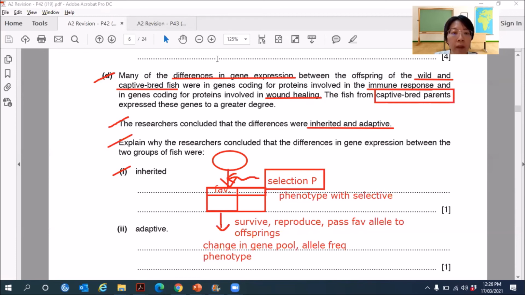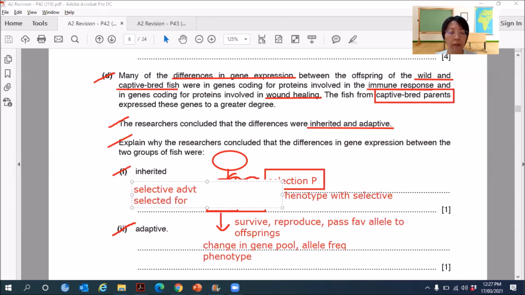How does it occur? Now, the next question is they ask you, okay, so explain why the researcher concluded that the differences are due to adaptive. Adaptive means what? Remember, selective advantage. You learn that this group is selected because they have got selective advantage, or they are selected for survival.